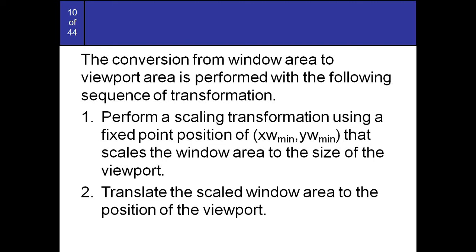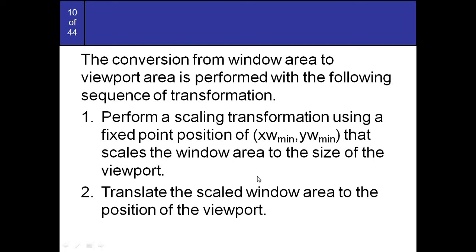The first step is the scaling transformation, done with respect to the fixed point position of xw min and yw min, and then we translate the scaled window area to the position of viewport.